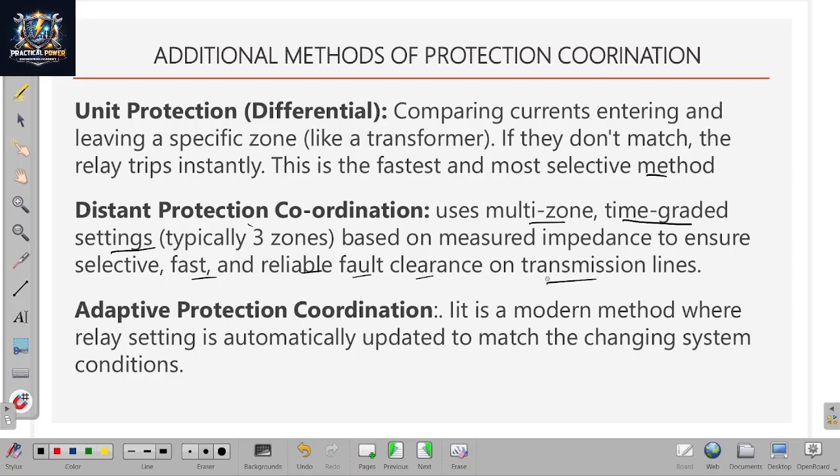So distance protection relays are operated. Then adaptive protection coordination is a modern method where the relay setting is automatically updated to match the changing system. This is called adaptive protective coordination.